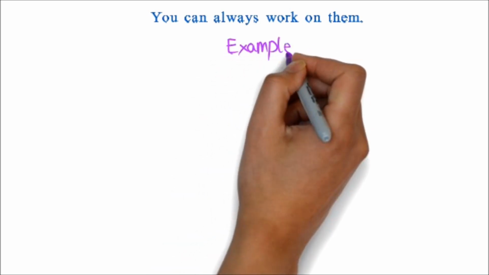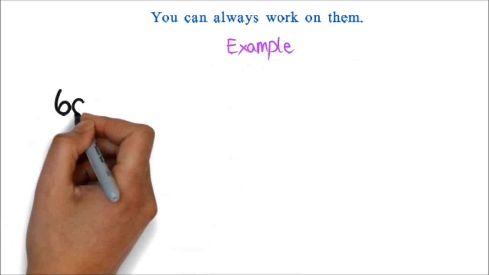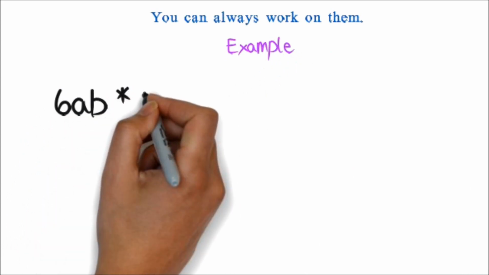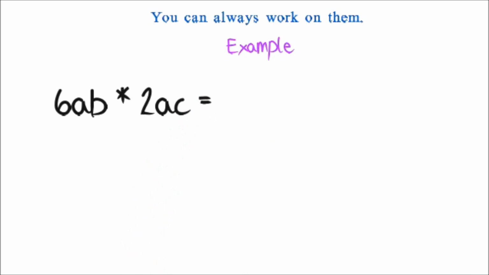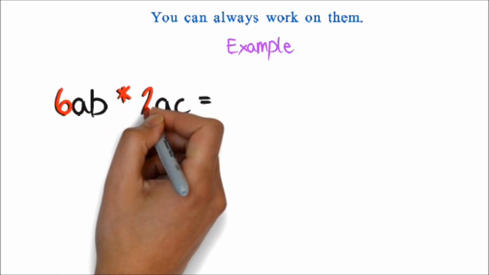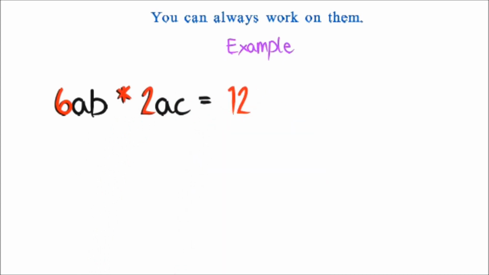Example, 6ab times 2ac. The first thing you'll do is multiply the numbers just like we did in basic math. Multiply the 6 and the 2 to get 12. Now for the letters.